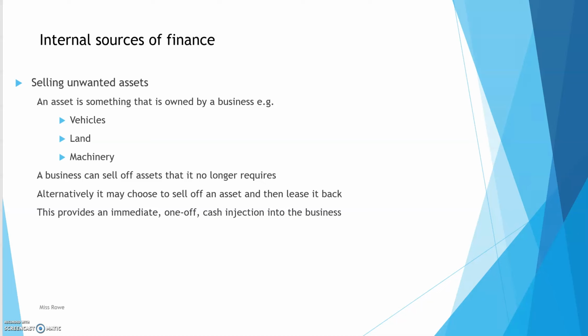It provides an immediate one-off cash injection into the business, which is great, especially when you need to buy wholesale. So you could sell loads of assets, then buy 25 suits, and you've not had to borrow from a bank.